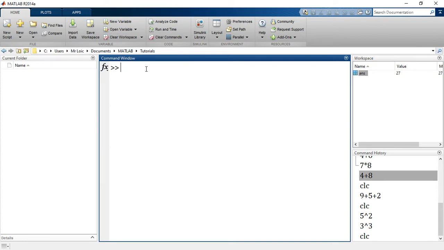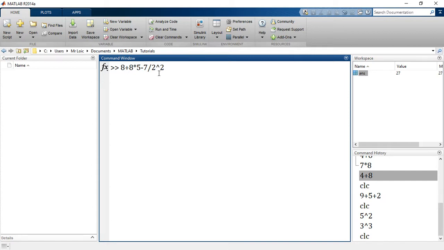What does it mean? If I write something like this, 8 times 5 plus 7 divided by 2 to the power 2.